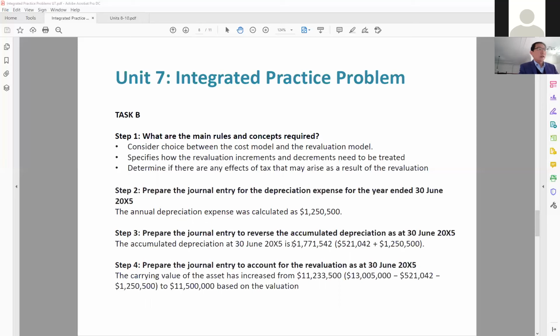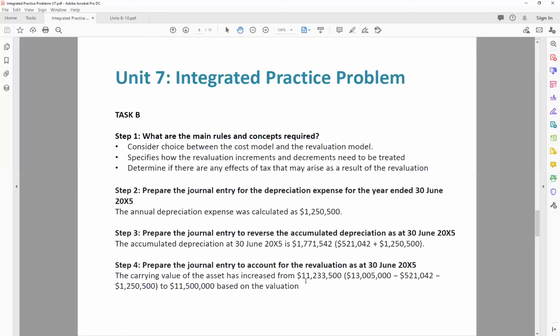And so given that we started accumulating depreciation in the prior year, and we're now into the next year, you can see that this total amount becomes 1.7 million. So the 521 is the prior year, the 1,250,000 is the current year. So we need a journal entry that reverses all of the accumulated depreciation to date.